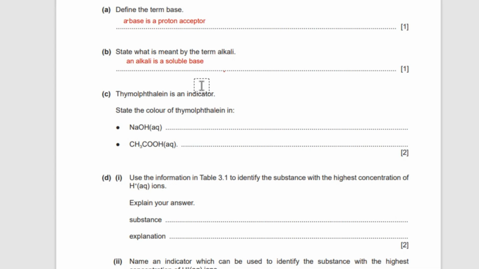Indicators are extracted from plants, so we have varieties of indicators, but there are specific indicators you should know for your syllabus. Now, phenolphthalein is one of such indicators you should know. Okay, so in any base at all, phenolphthalein is always blue.